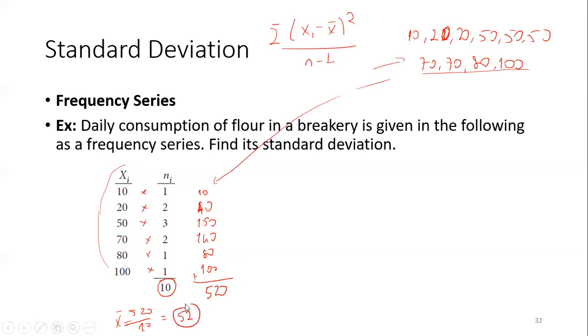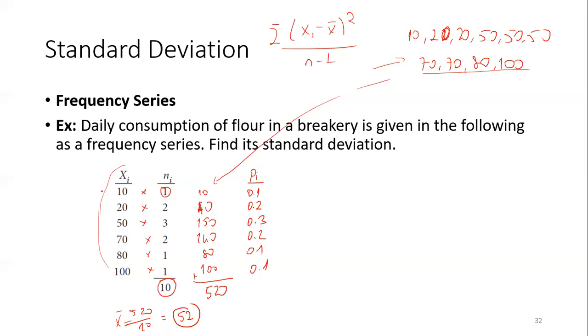Another way is to find the proportions. So this is 1 divided by 10, which is 0.1, and 2 divided by 10, 0.2, then 0.3, 0.2, 0.1, and 0.1.